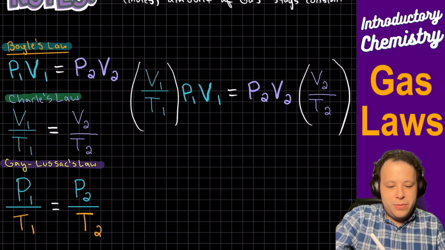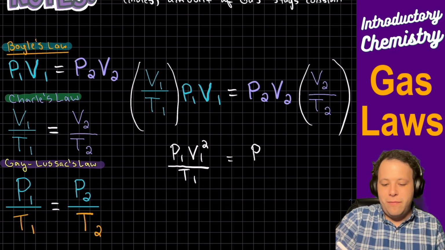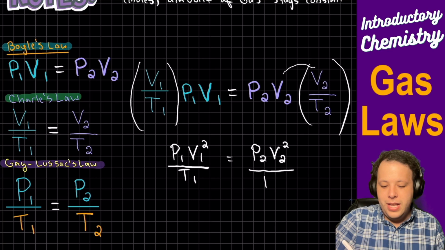So when this gets brought down, what we're going to have is P1 V1 squared T1, and then it's a very similar story on the other side. We'll have P2 V2 squared, because they're like terms, they get multiplied, and then T2.